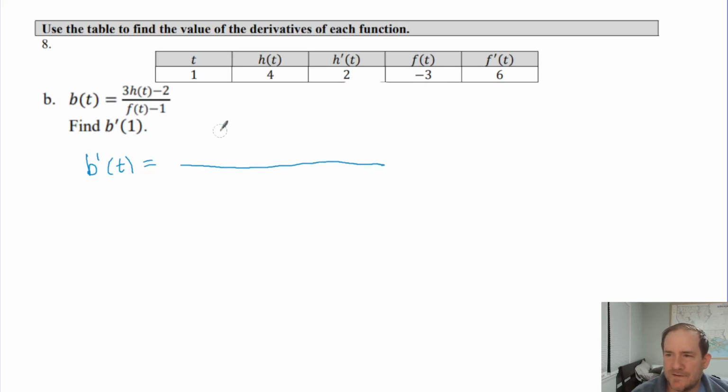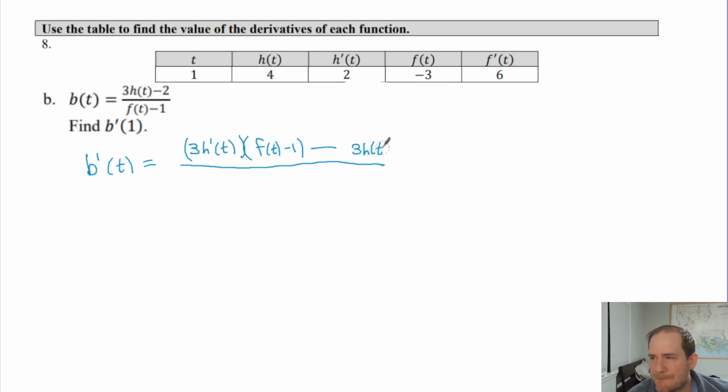So you know you're going to have in your numerator this guy's derivative, which would be 3h prime of t. But then the derivative of the 2 is 0, so ignore that. Then multiply that by your denominator, f of t minus 1. And subtract, bring down the numerator, 3h of t minus 2.